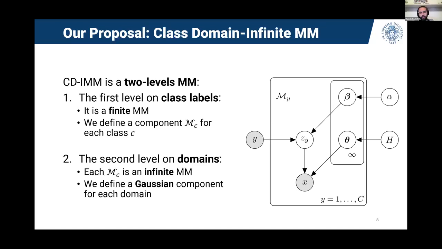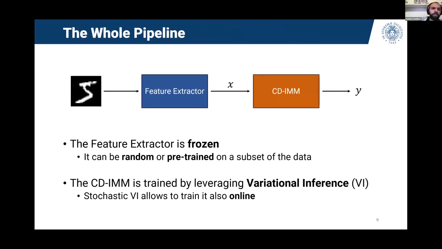Next, the whole pipeline that we propose for our model is the following. We use a feature extractor to map the input into an embedding space.